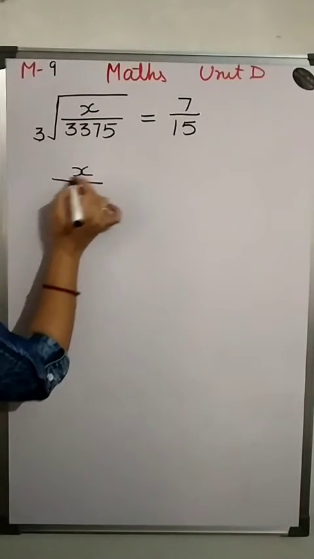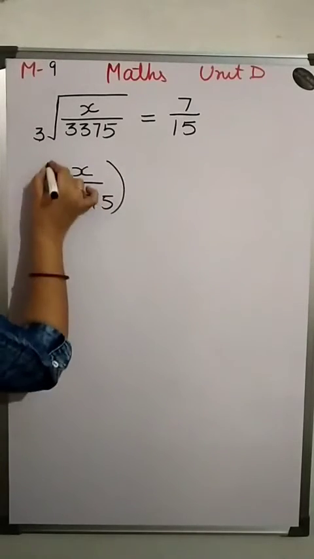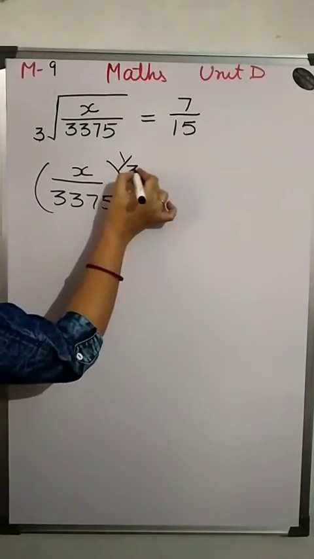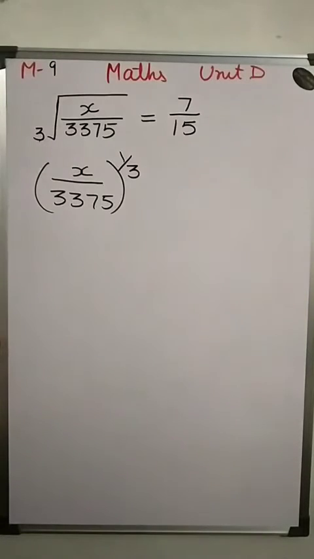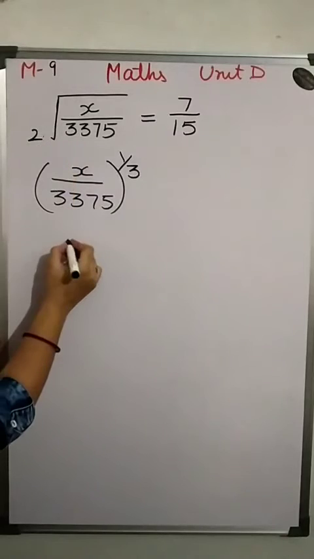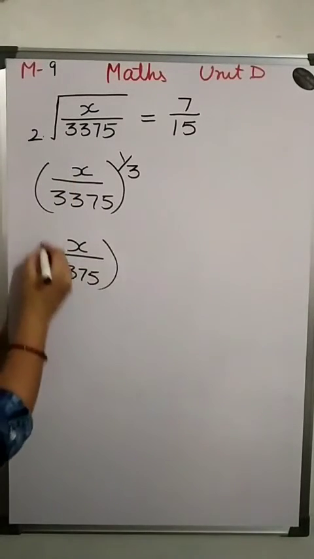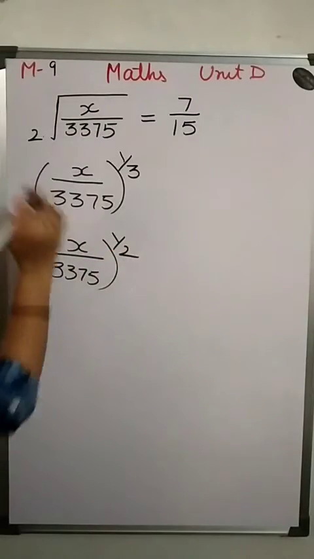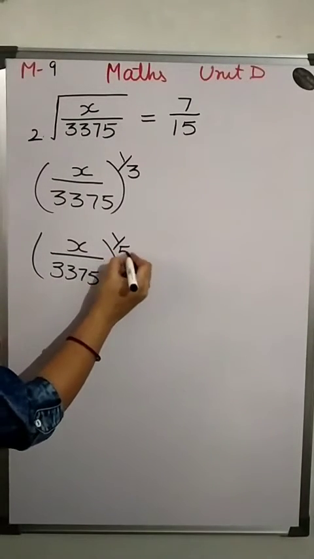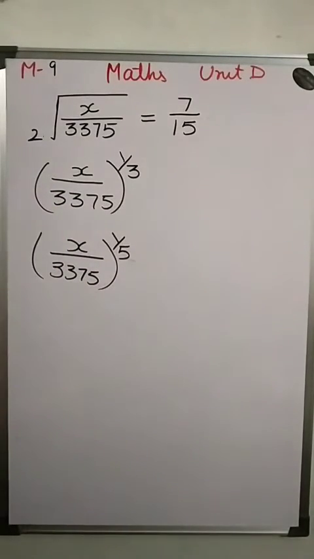So it is x upon 3375, and the meaning of this is to the power 1 by 3. If 2 is here, then the meaning will be 3375 whole to the power 1 by 2. If 5 is there, then you put 5. If 4 is there, then you write 4 here. The meaning of this is this.